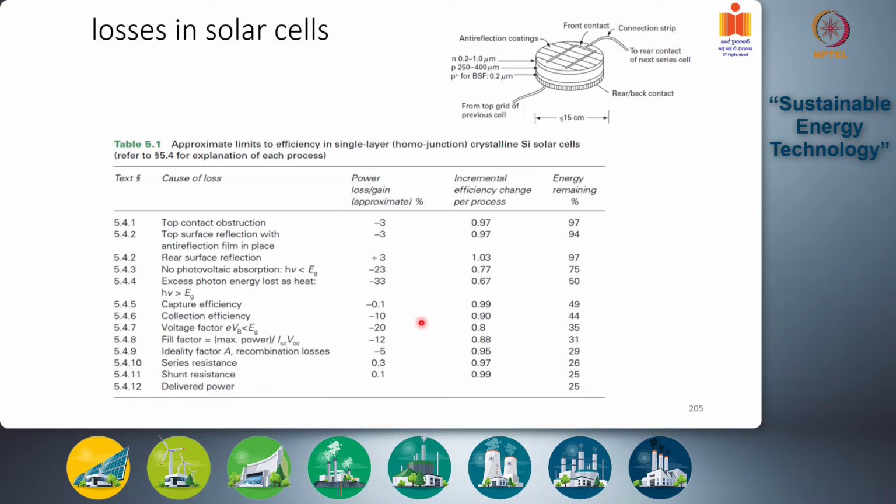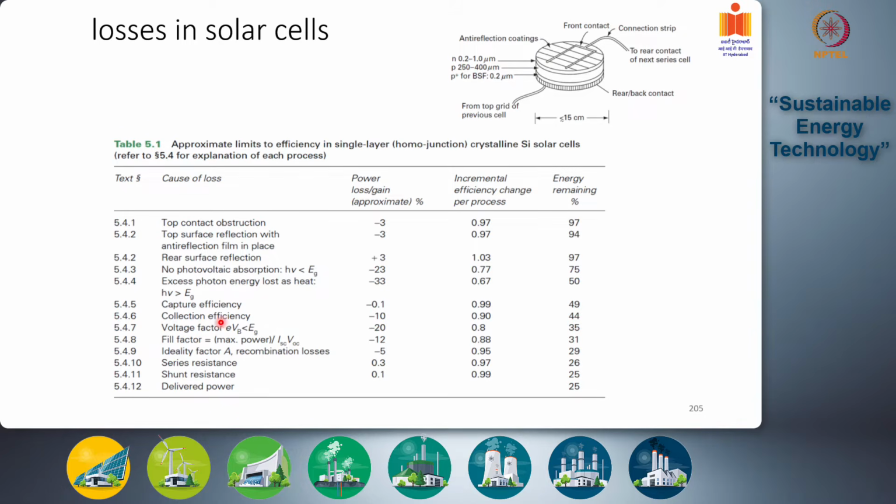So the collection efficiency is around 90% of the total electron hole pairs that are generated. For a well-designed solar cell, it can be lower also. We will discuss how we can increase the collection efficiency. And so 90% of 49%, you are getting around 44%. Okay, 10% of 49%, you can remove around 4% or 5%. So you become 44% of the energy remaining out of the total energy that was originally incident.